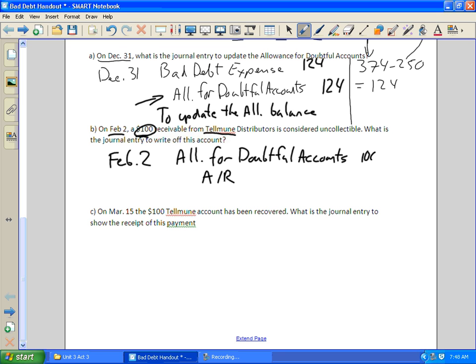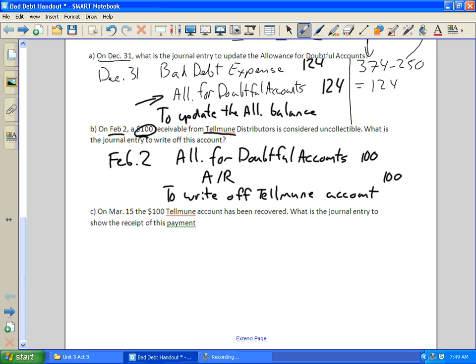And we're just going to make it nice and simple for the $100 that is not going to be collectible. The simple description is to write off Telmoon account. Plain and simple.